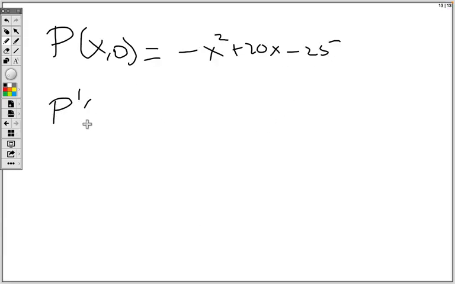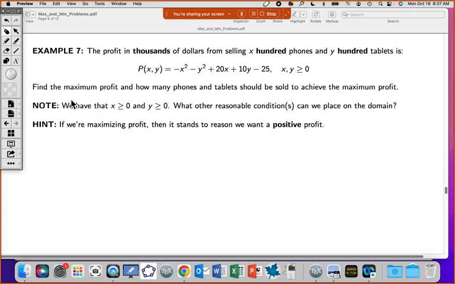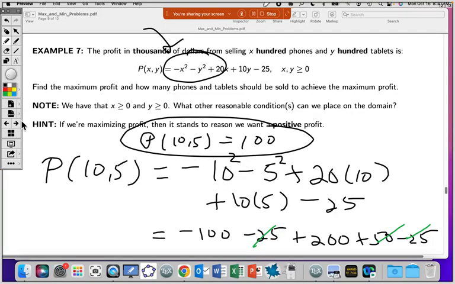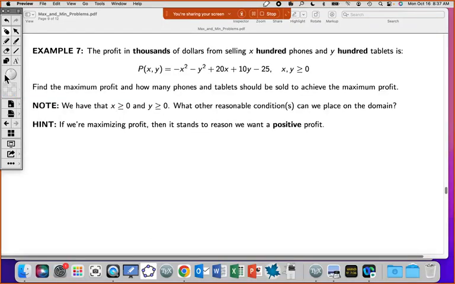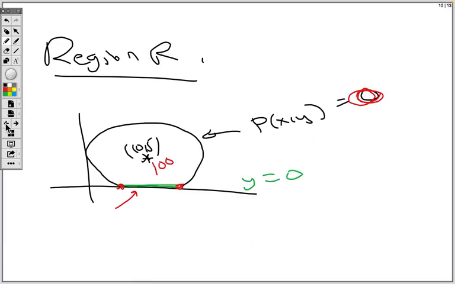Let's take the derivative of this to see where we get our critical point. Lo and behold, we get x equals 10 again. Which is directly below here, so that would be x equal 10 again.